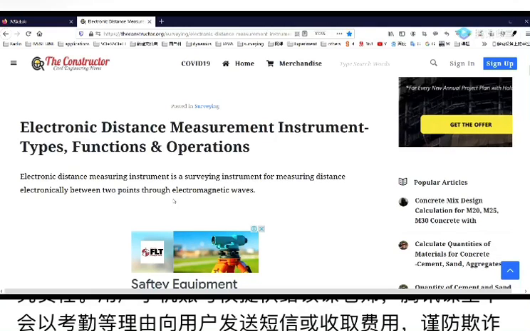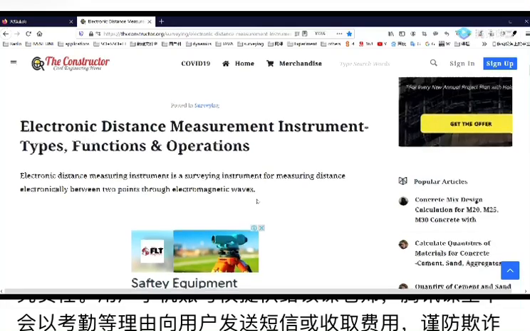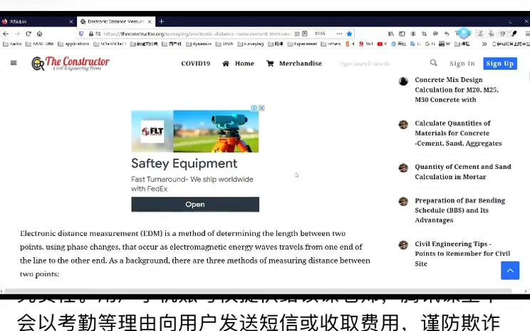It's basically between two electromagnetic waves, so it uses electromagnetic waves to do the measurement. That's the reason it's faster, because it is transferred at the speed of light, or of electricity. So it can be very, very fast.